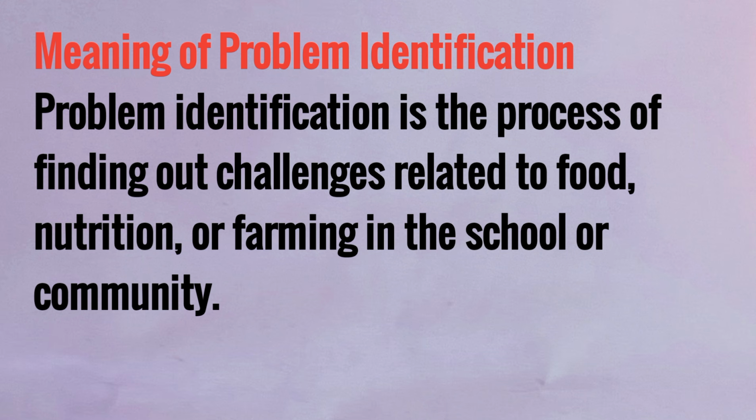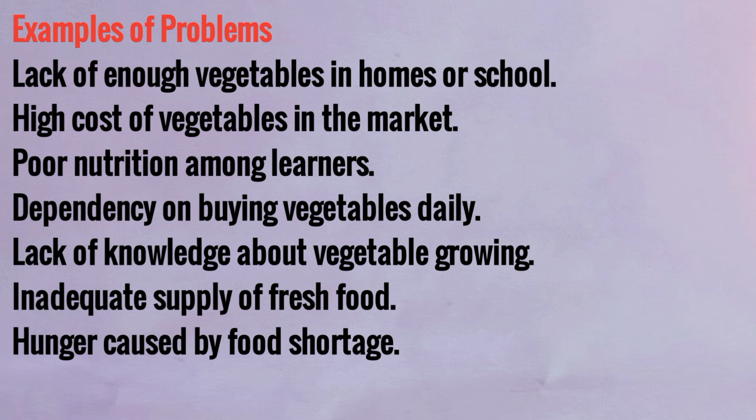These problems can include lack of enough vegetables in homes or schools, high cost of vegetables in the market, poor nutrition among learners and dependency on buying vegetables daily. These are some of the problems the learners can identify so that they can come up with a suitable solution to them by establishing a kitchen garden.